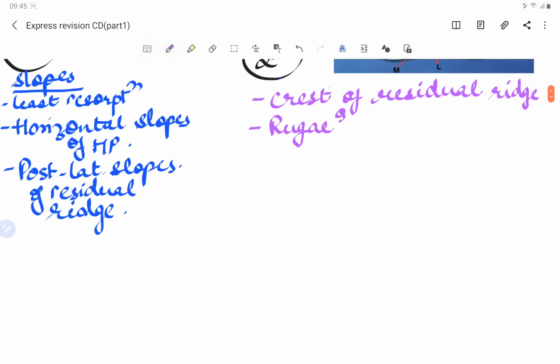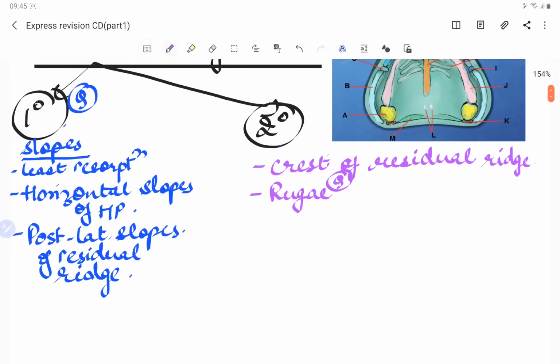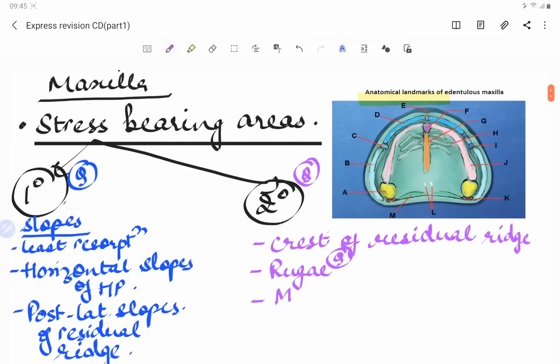Now again the question can be asked, they can directly ask you which of the following is not a secondary stress bearing area. So there are three secondary stress bearing areas. See, the crest of the residual ridge for maxilla is a stress bearing area. Crest of the ridge for mandible is a relief area. You have to remember this, always remember this.